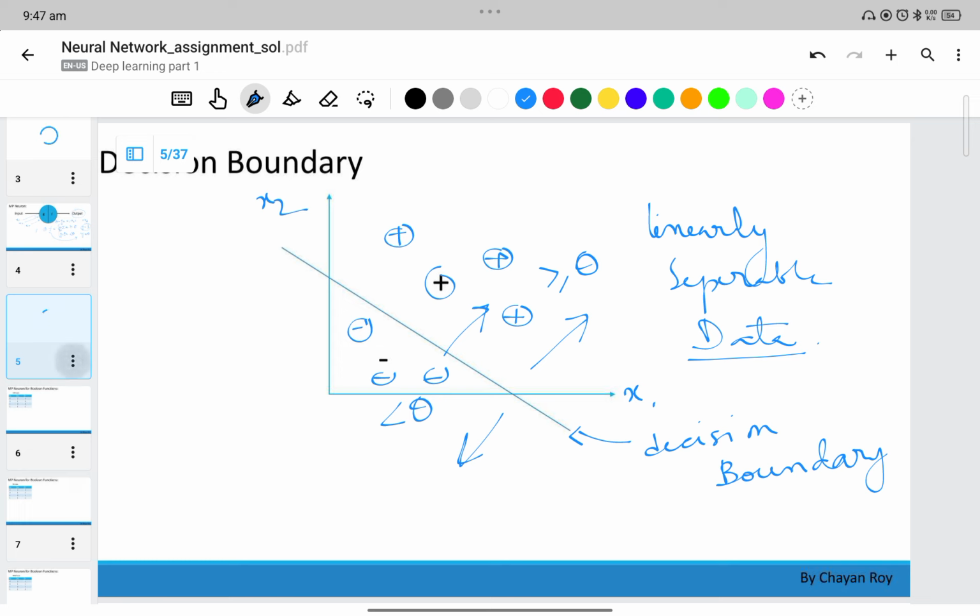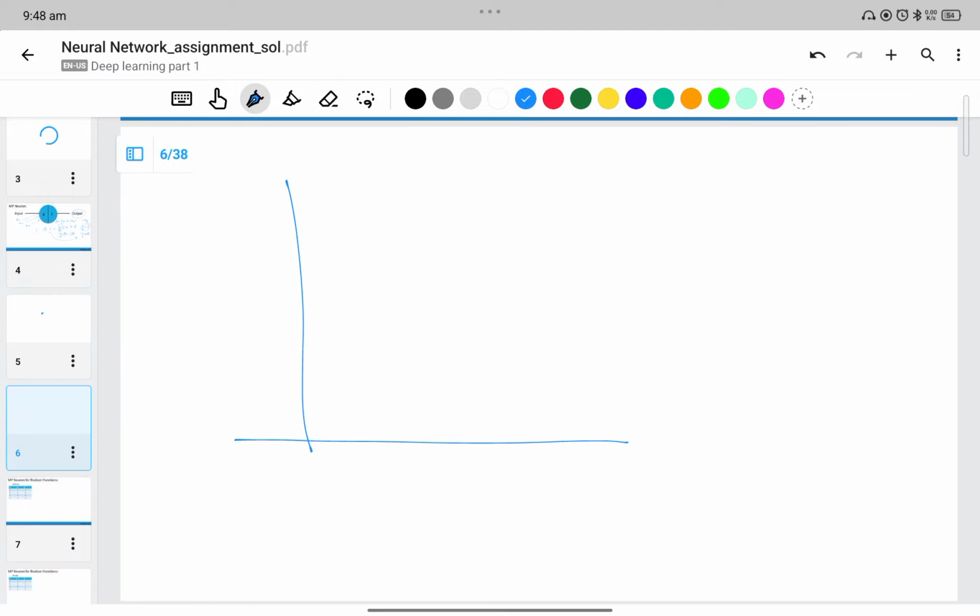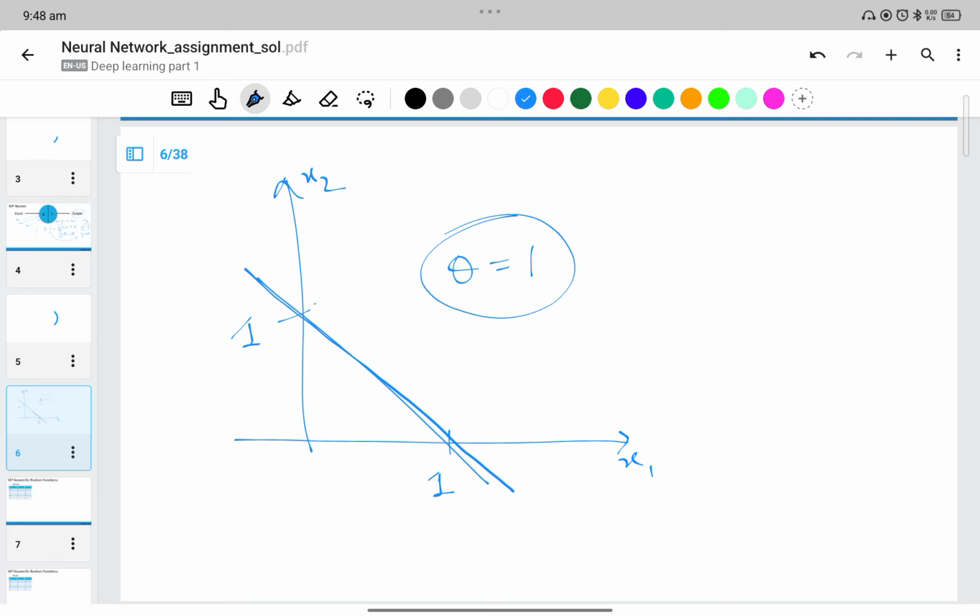Let's see one example. Let's add a blank page. Say you have a cutoff, theta equals 1. In this axis you will have 1, here you will have 1, and this will be the decision boundary based on theta equals 1.